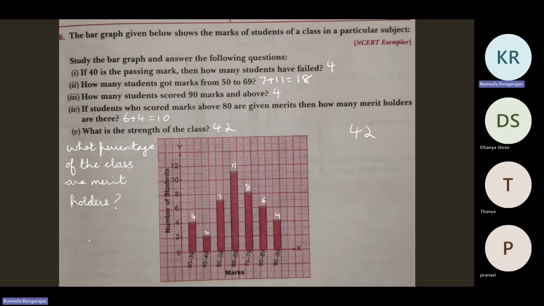Okay, so how do you find the percentage of merit holders? How many merit holders are there? 10, ma'am. 10 divided by total number of students? 42, ma'am. And to find percentage, you should always multiply by 100.